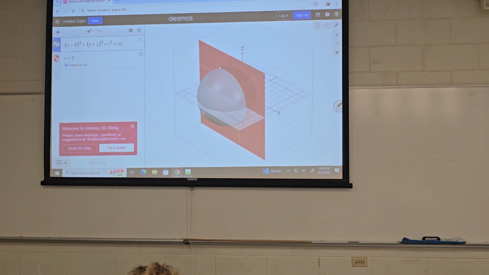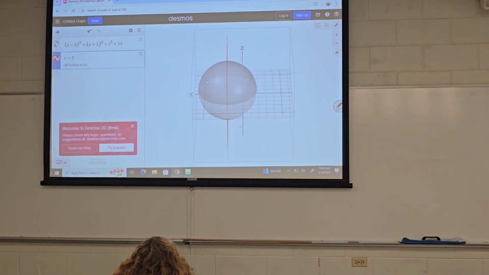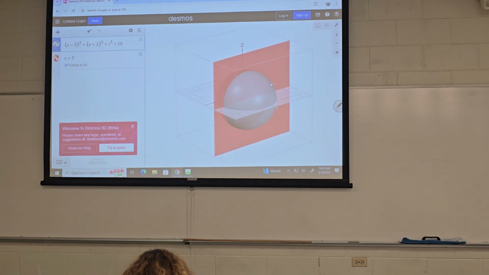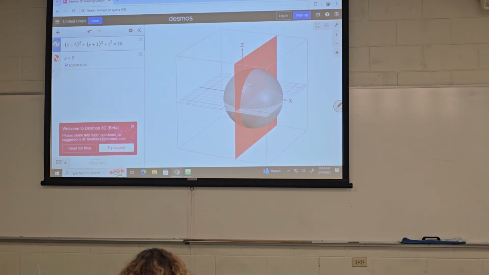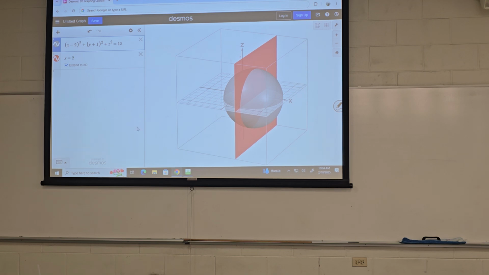Walk me through number 5, what are we thinking? So I have the intersection of this sphere with the plane x equals 2.